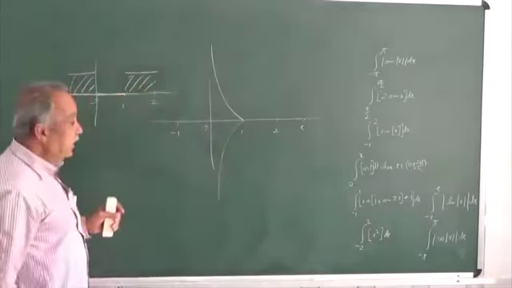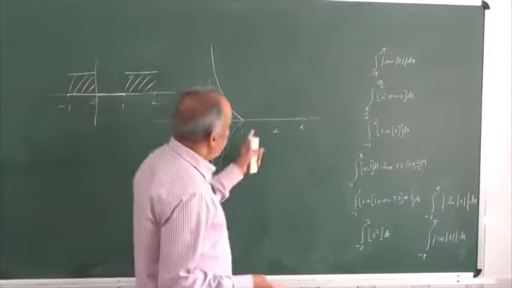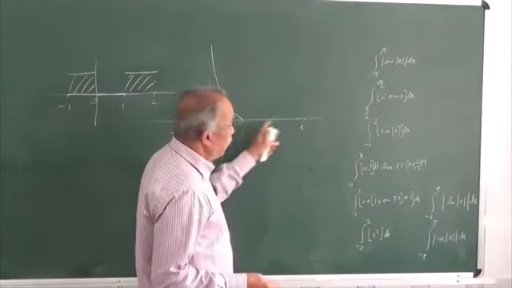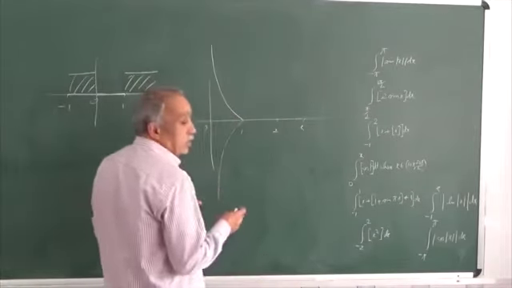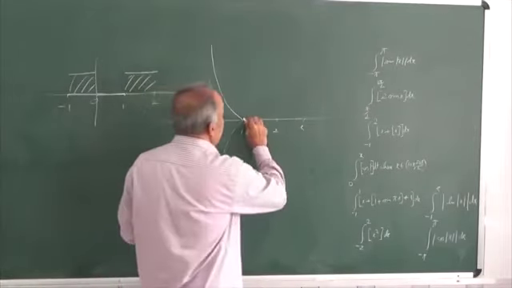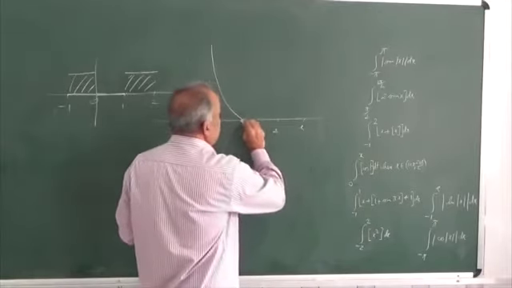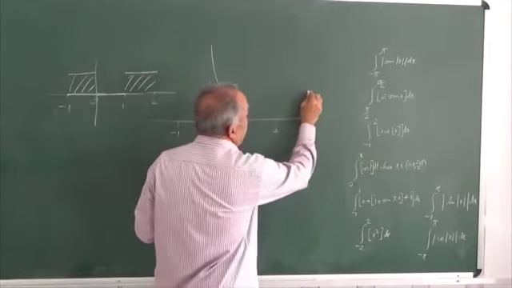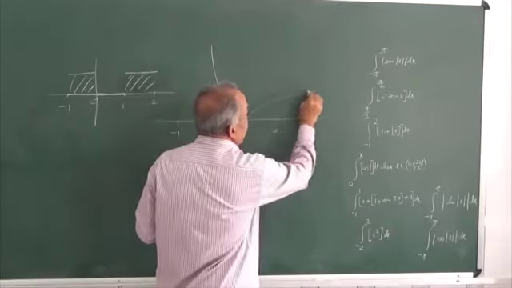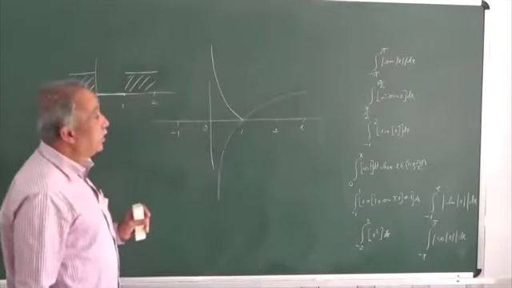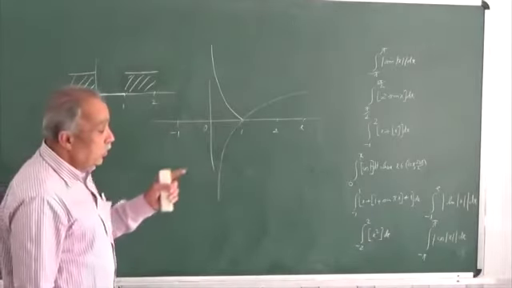Then, for numbers between 1 and e, the graph of log x will be a monotone increasing curve. At 1, log 1 is 0, at e, log e is 1. Throughout the interval, it will be a monotone increasing function.